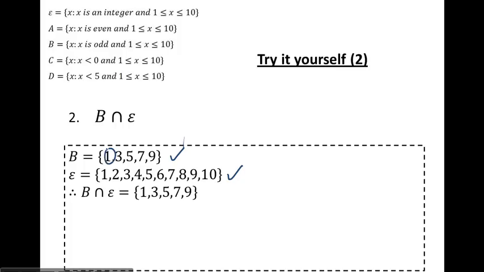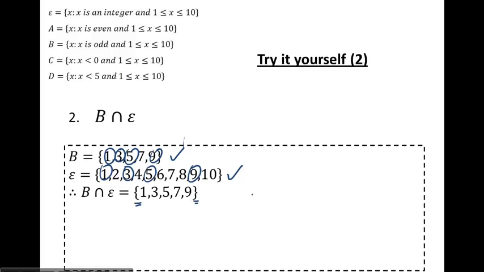You notice that 1 is common to B and the universal set. The next common element is 3. Then 5 is also common. 7 and 9 also appear in both sets. So B intersect the universal set is a set, remember the braces, that contains these 5 elements.